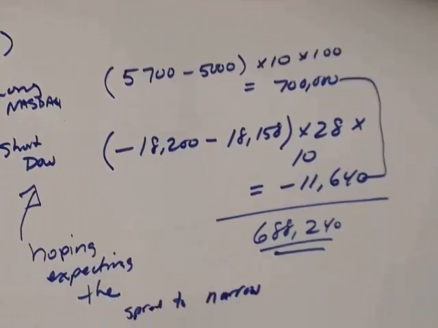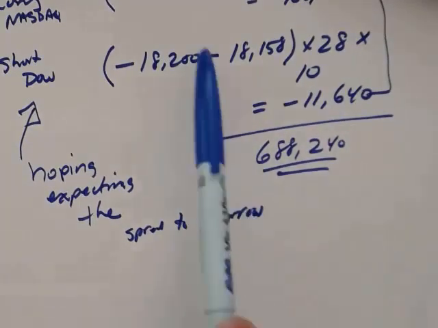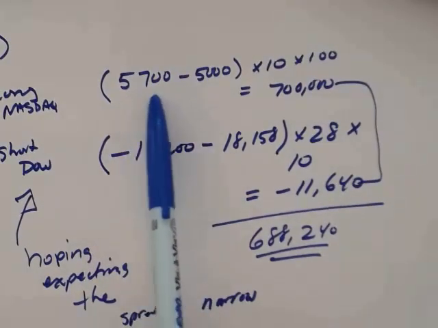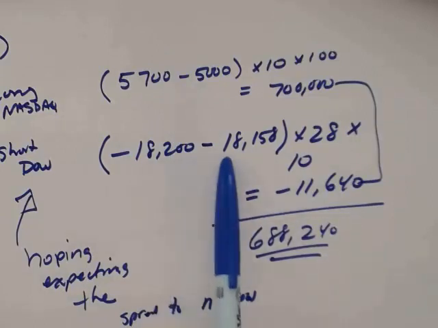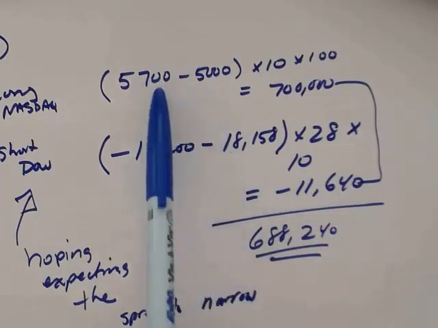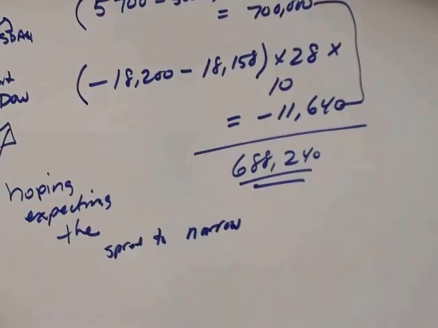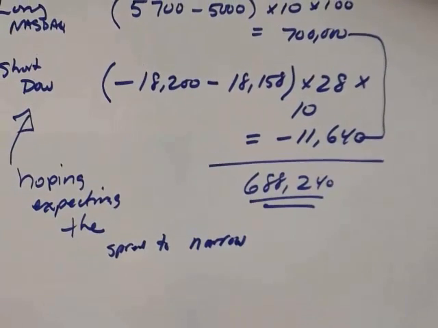We're hoping that because we expect this lower number, the NASDAQ, to go up in value, and this to stay relatively the same or go down, then the spread between these prices will stay the same or narrow. We would have made the most if it had narrowed.